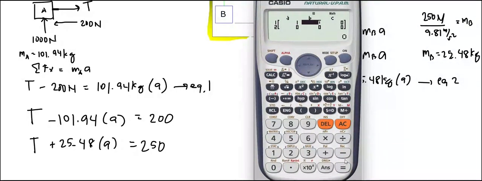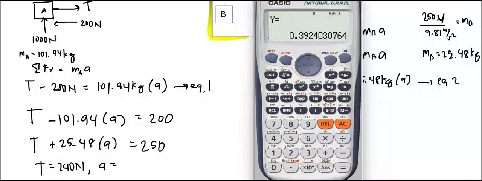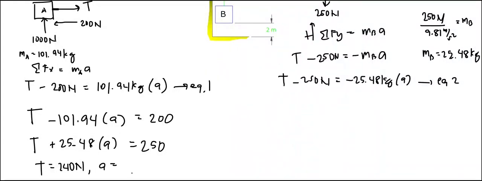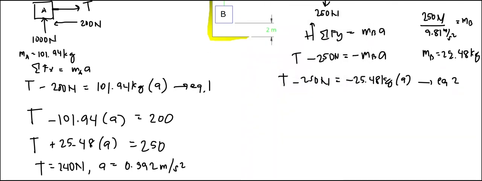So we have T minus 101.94 A equal to 200, and then T plus 25.48 A equal to 250. We get T equal to 240 newtons, and the acceleration of the two blocks is equal to 0.39 meters per second squared, or 0.3924.